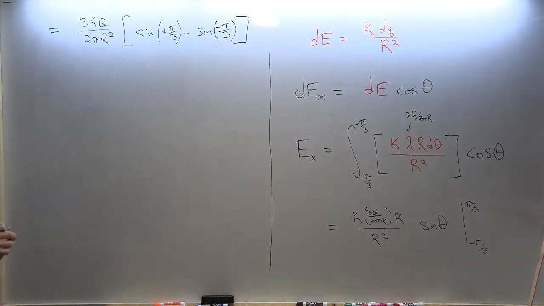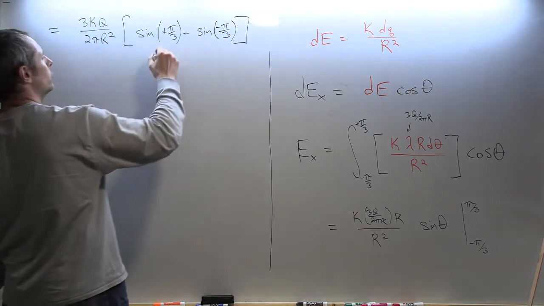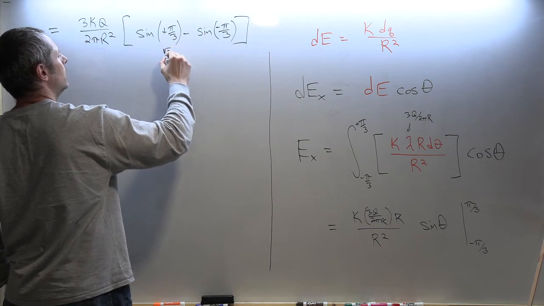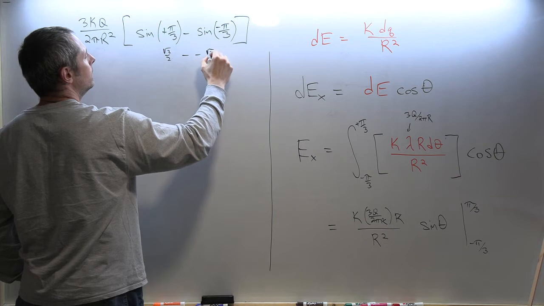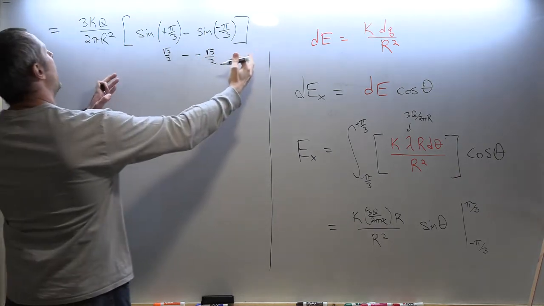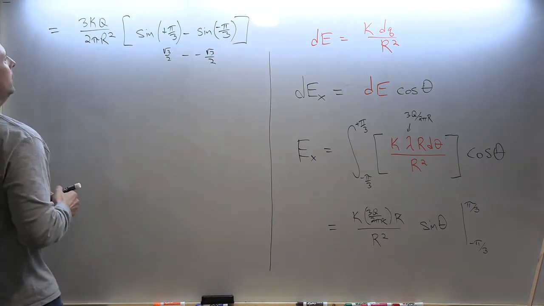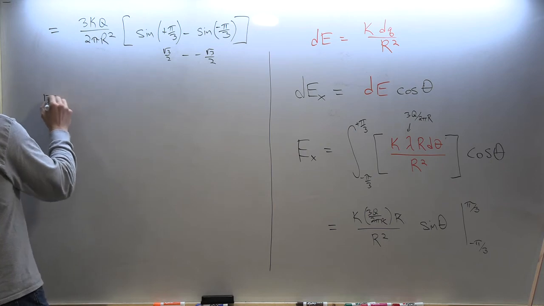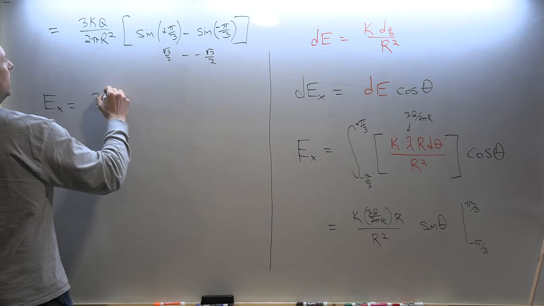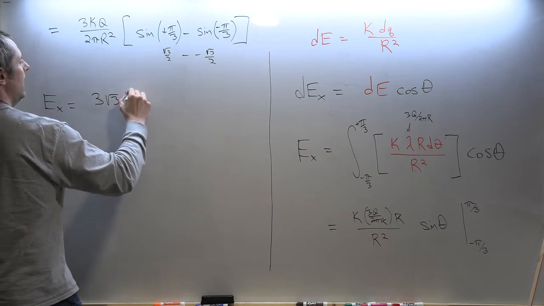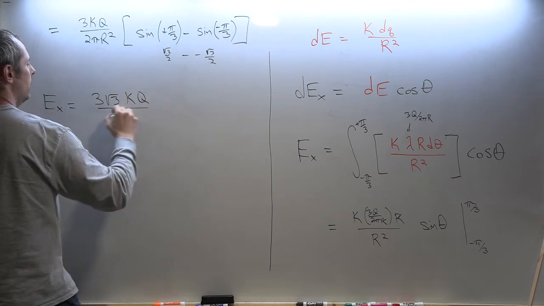Pi over 3 is 60 degrees, and the sine of that is radical 3 over 2, minus a negative radical 3 over 2. So in the brackets here, I just have radical 3. And so I have the electric field caused by that arc: 3 radical 3 kq over 2 pi r squared.